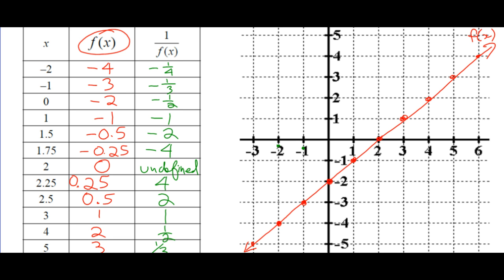And at 0, we get -1/2. I think we do a pretty good job of estimating halves. At 1, it's -1. See, so that's an invariant point, right? It's the same on both graphs. It does not vary.